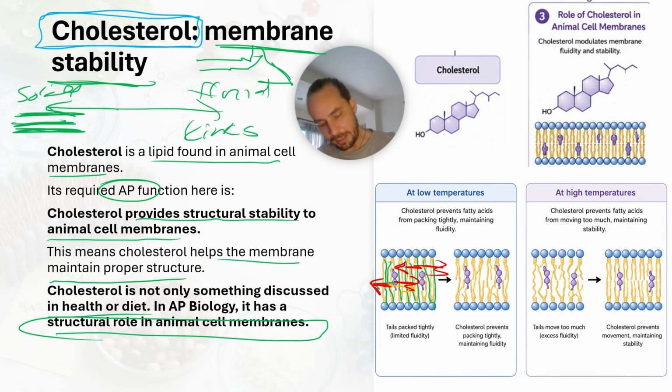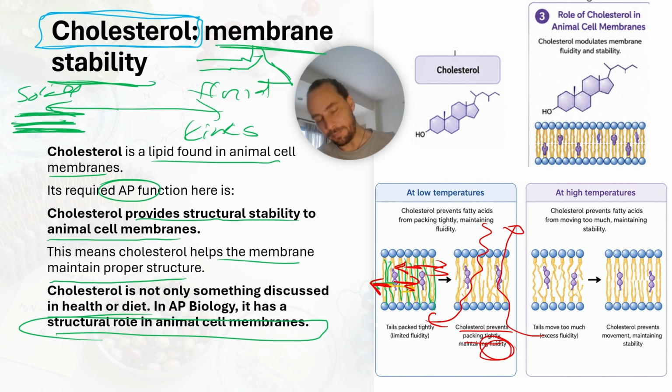So it helps it stay more fluid, okay? So cholesterol prevents that tight packing and maintains the fluidity within the cell membrane. So substances can still cross over and get out of the cell easily.